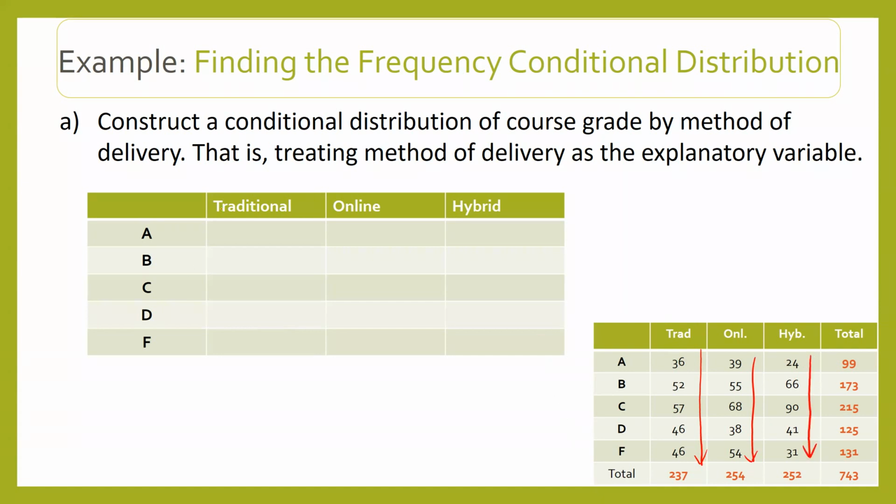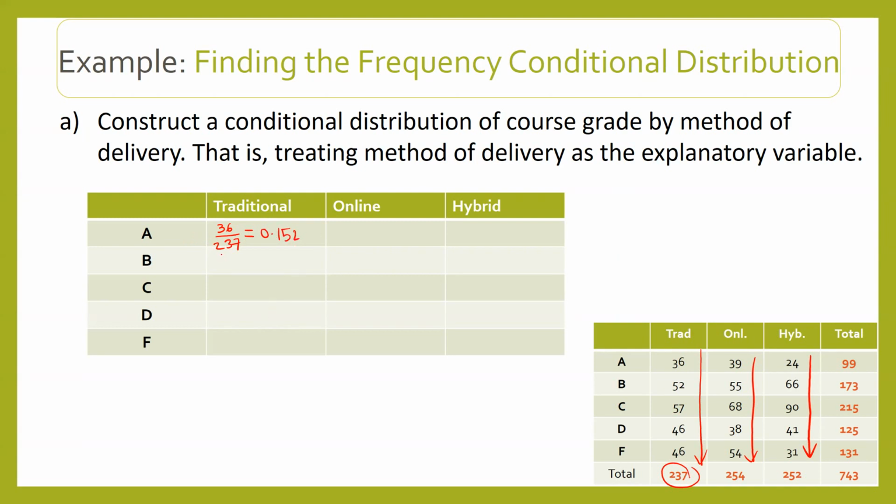The first entry here for A will be, what is the number? The frequency for that is 36, and that will be over the sum over the column, 237, and that will be 0.152.